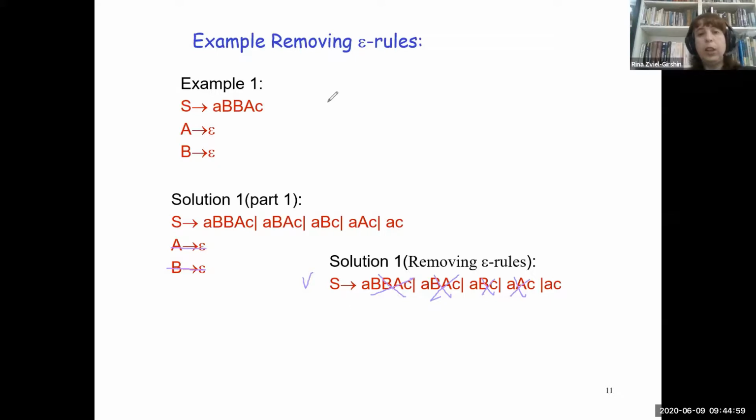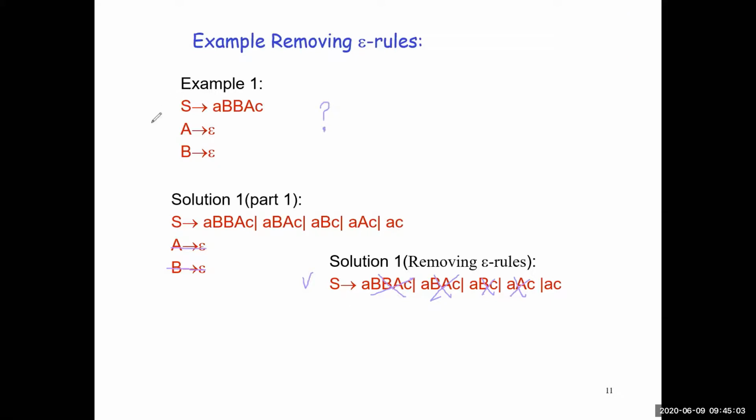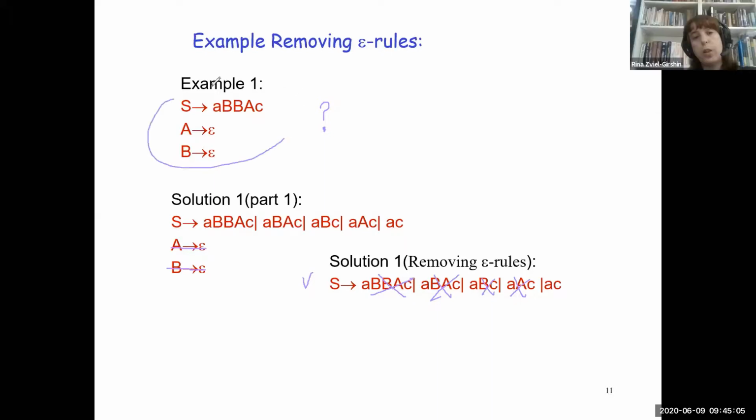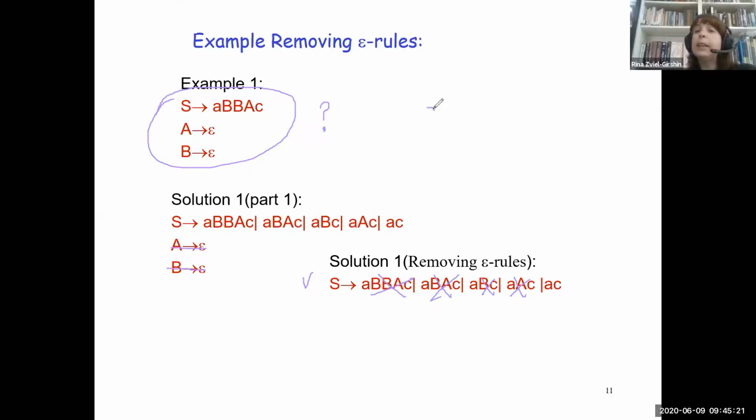Let's check if it was our original language. How many words could we derive from this grammar? What is the cardinality of the language of this grammar? The cardinality is actually 1, because you have one word exactly.